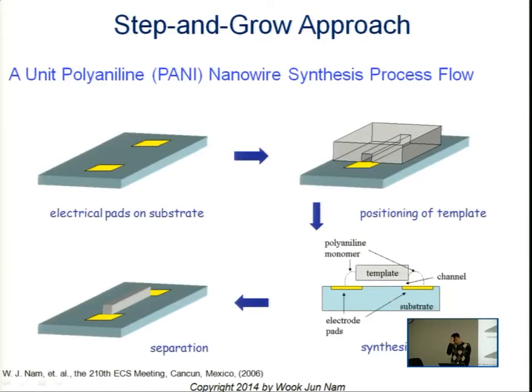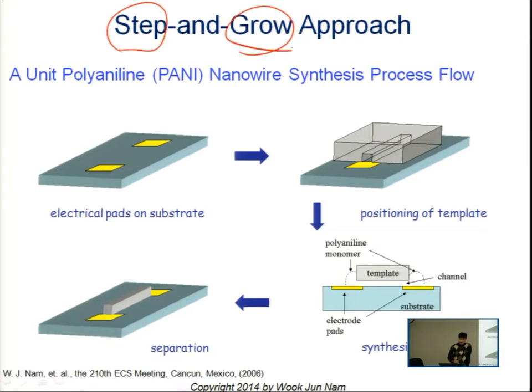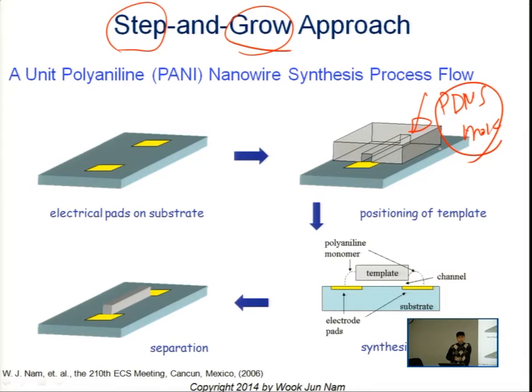We talked about these approaches in the previous lecture. So this is one example where we can do much better. This step and grow approach uses a PDMS mold. Technically, this approach merges the growing and positioning steps together. After positioning the PDMS mold between the two electrodes, we apply an electrolyte which can grow the material.